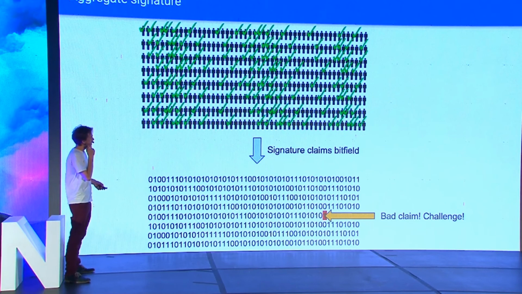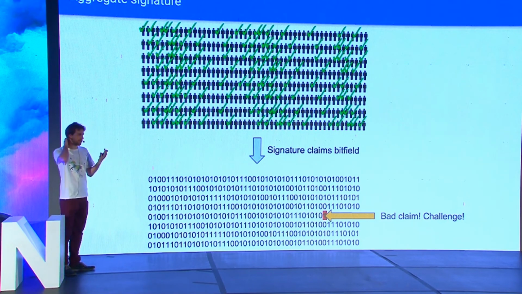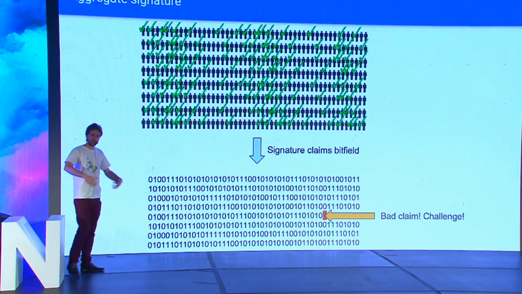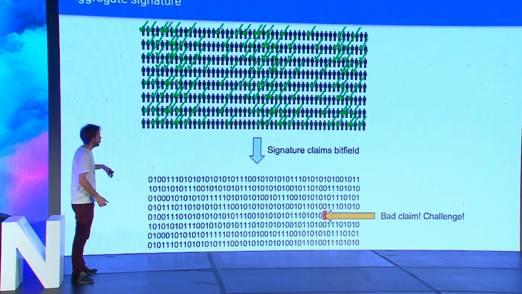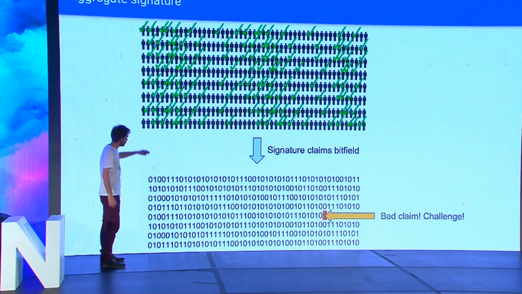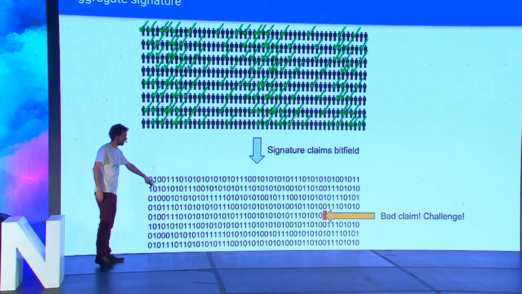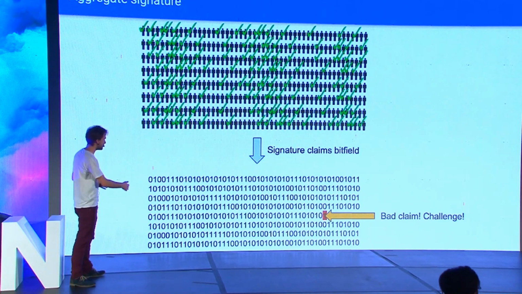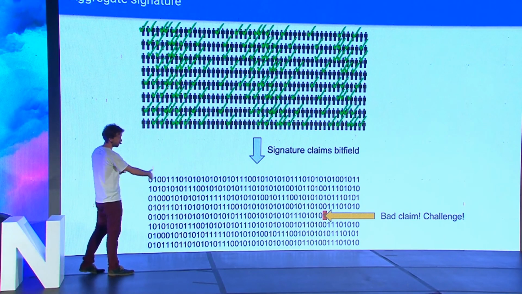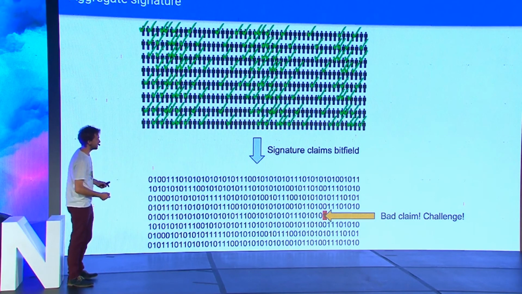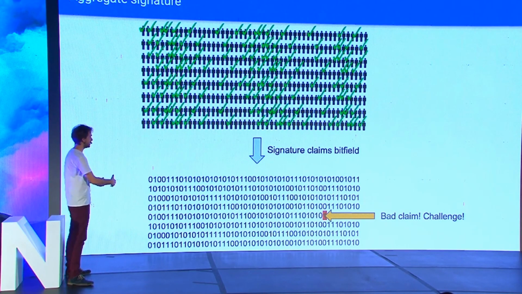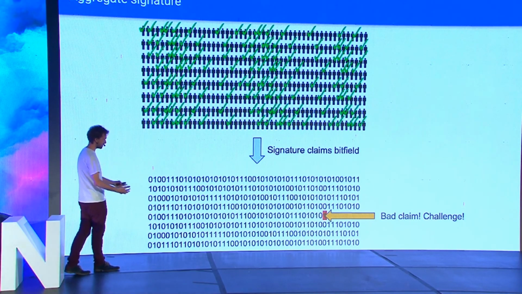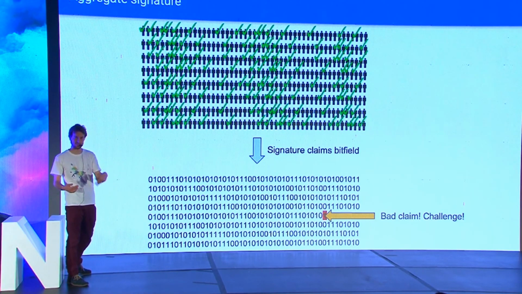And so we have this construction where an individual claimer can take a bunch of signatures and for each signature have a corresponding bit set to 1 in a bit field. And then this small bit field is attached with a collateral, and basically the claimer is making the claim that he has access to all the signatures.